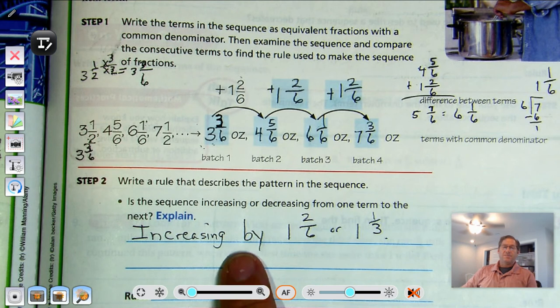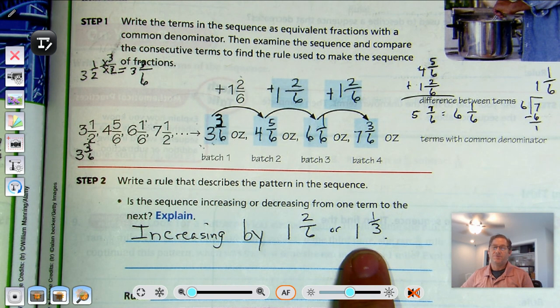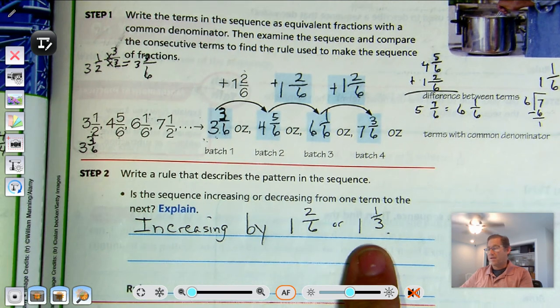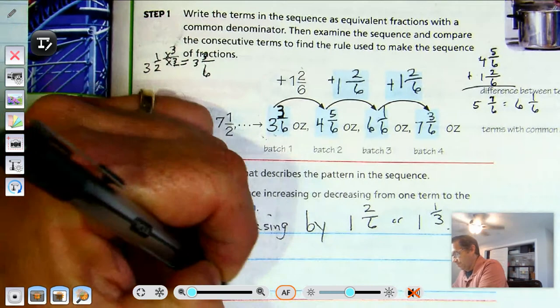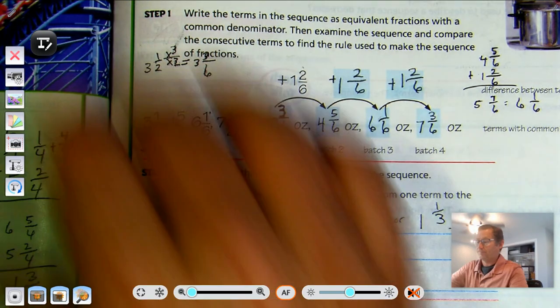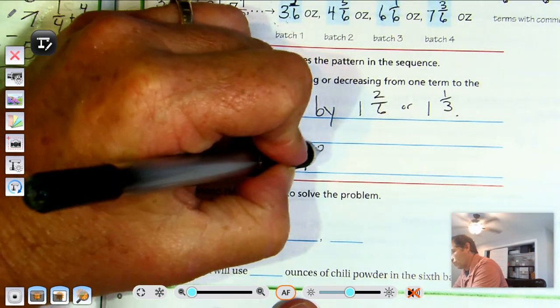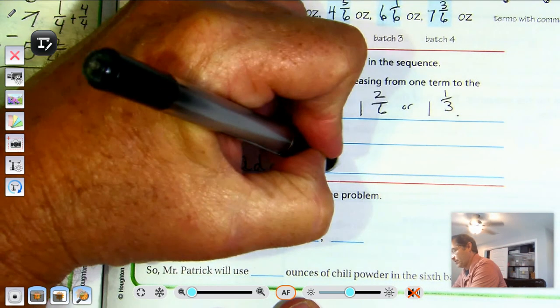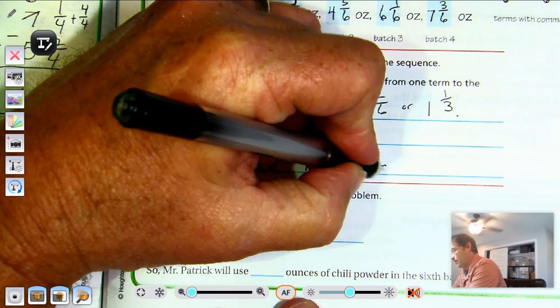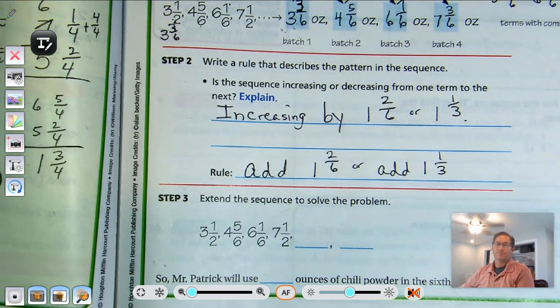So the pattern is increasing by 1 and 2/6, or if we simplified it, it would be increasing by 1 and 1/3. So what's the rule? Add 1 and 2/6, or add 1 and 1/3.